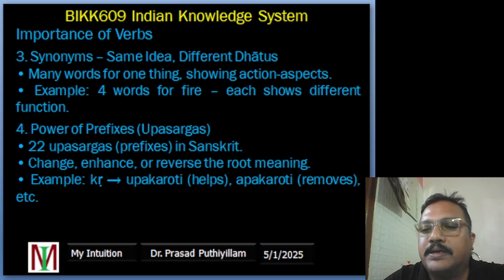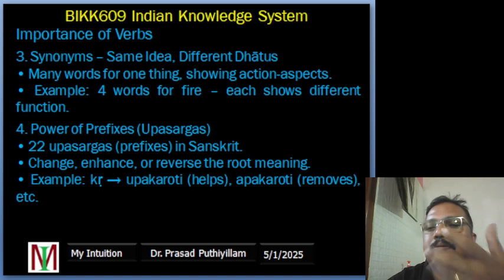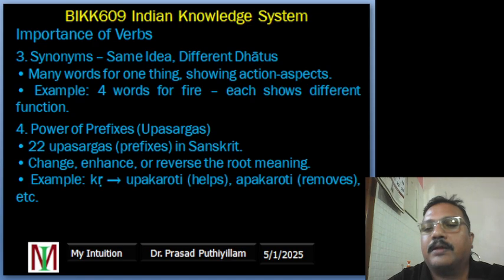Let us take one simple root, kr, and now we can see the changes: adhikaroti, that is take charge, upakaroti, apakaroti, pratikaroti, anukaroti, samskaroti, vyakaroti, nirkaroti. These are the examples given in the textbook, showing how from kr we can change the word with different meanings.